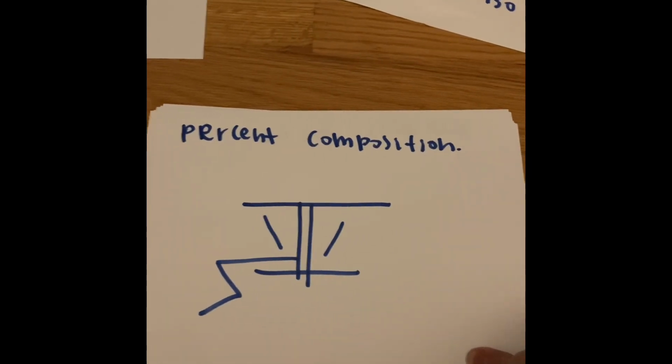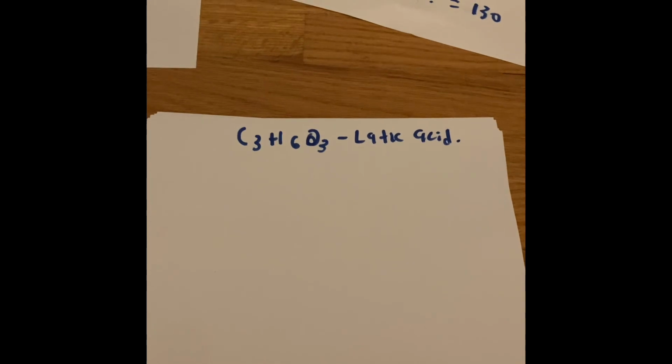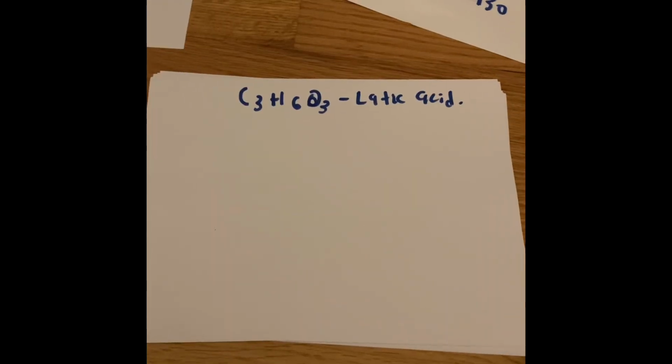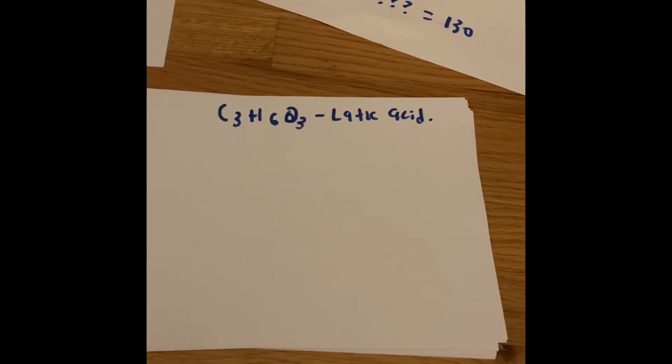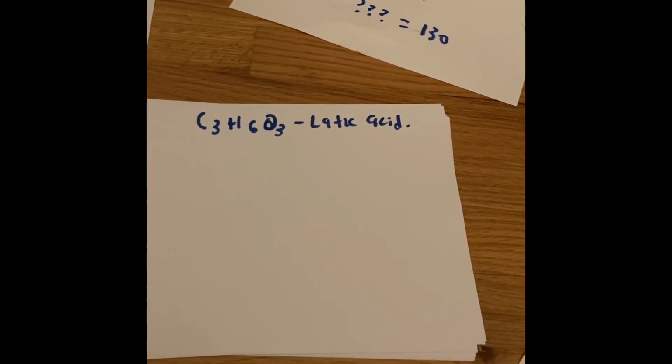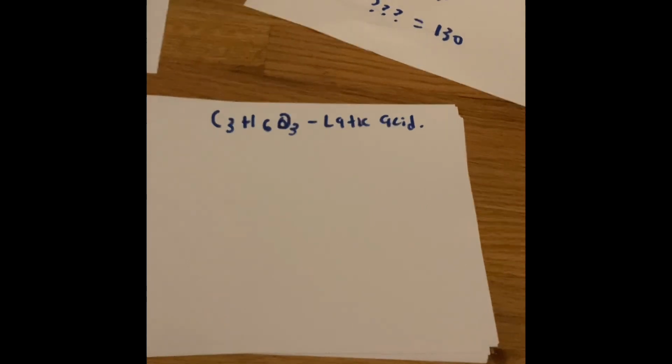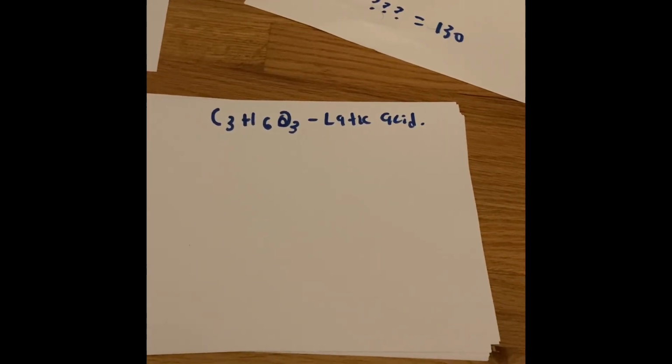So what we're going to do is actually solve the problem out. What we have here is C3H6O3. So carbon, hydrogen, oxygen.